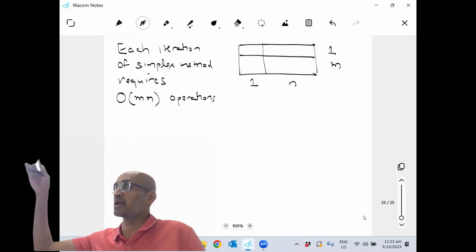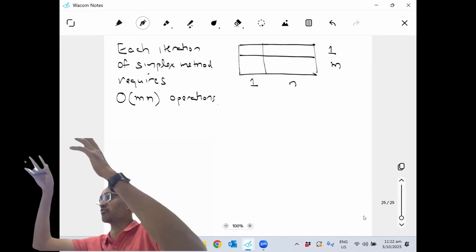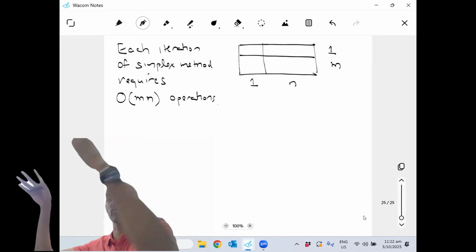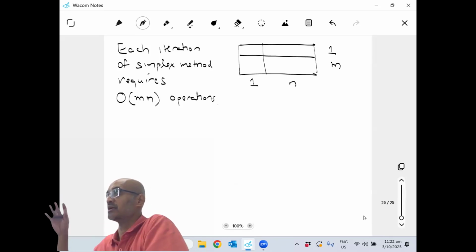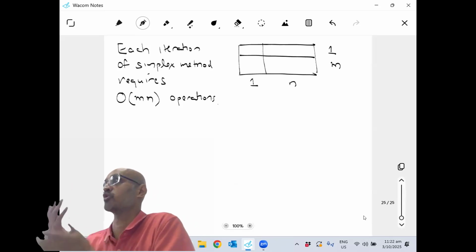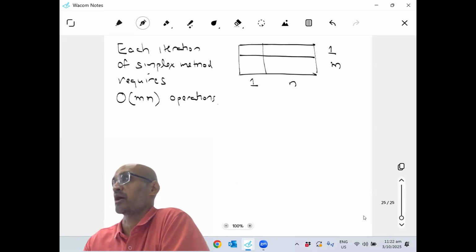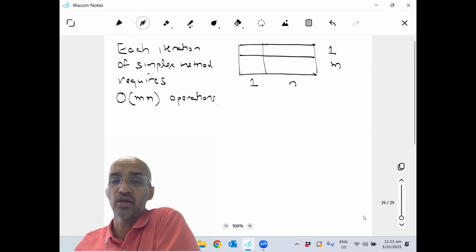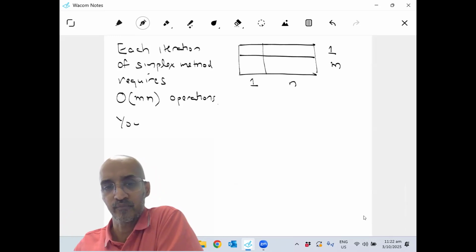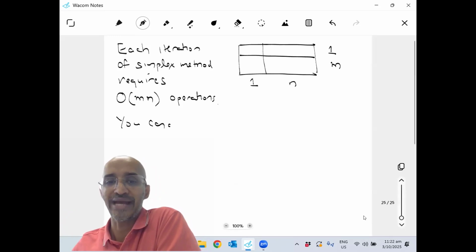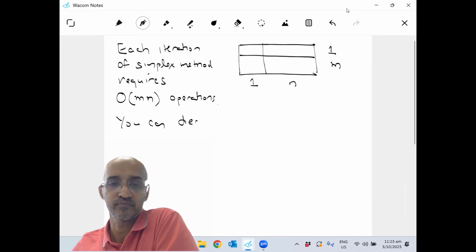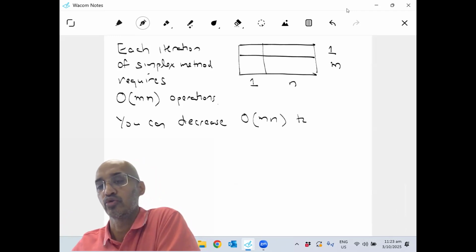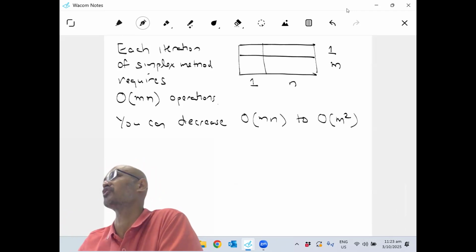Okay. So if you multiply the number of iterations, the number of basic feasible solutions, times the number of order of mn, that's roughly the number of operations you'll require. Okay. Is that clear? Okay. Now it turns out you can decrease this to order of m squared.